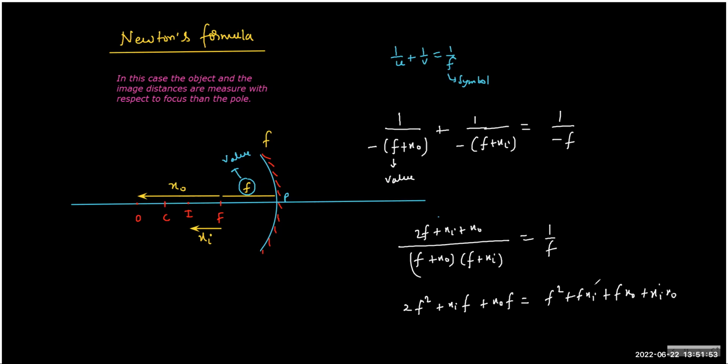This cancels. So xi into x naught is how much? The answer is pretty easy because it's simply that the product of distances from the focus is equal to f square. Isn't this easy to remember? This is called Newton's formula.